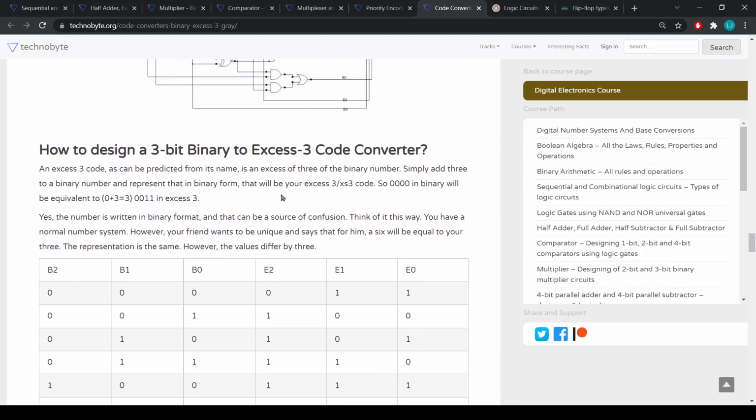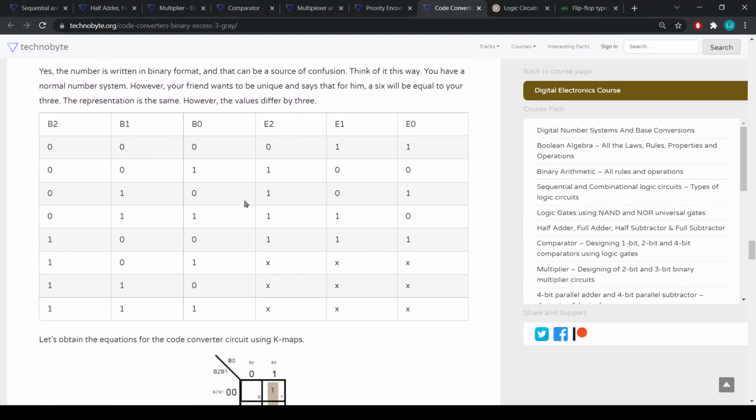Now, for the excess-3 code, this is much simpler to remember, since you just add 3 for a 3-bit binary to excess-3 code. This is called excess-3, it has the excess of 3. The values differ by 3.